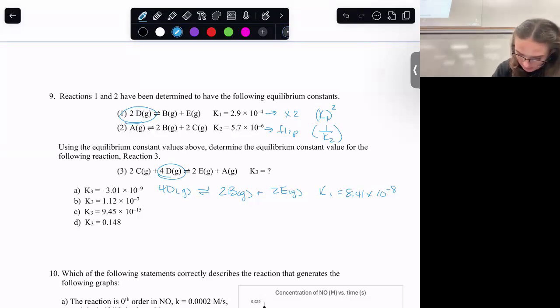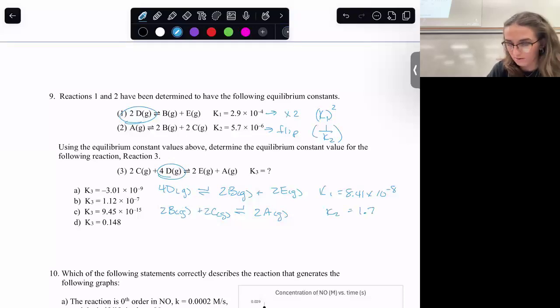So then we get 2B gas plus 2C goes to 2A, and K2 becomes 1.758 times 10 to the 5th. Again, if you have a small K and take the reciprocal, it should become a big K. If you have a big K and take the reciprocal, it should become a small K.